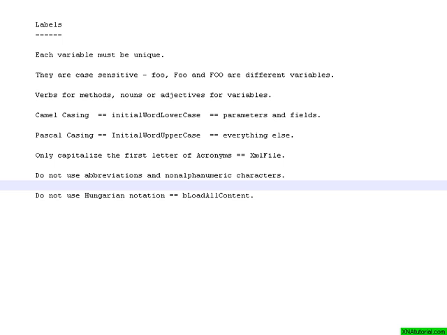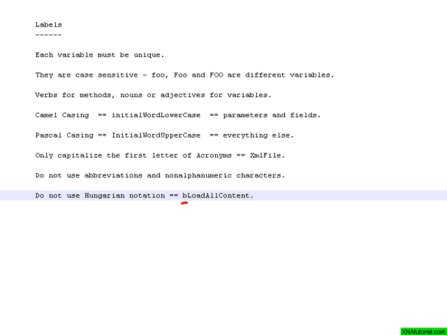Now there is a third notation method, except for camel casing and Pascal casing. There is Hungarian notation, and with this one you include metadata about the variable in the name. The B that I underlined, for example, means that this is a Boolean.